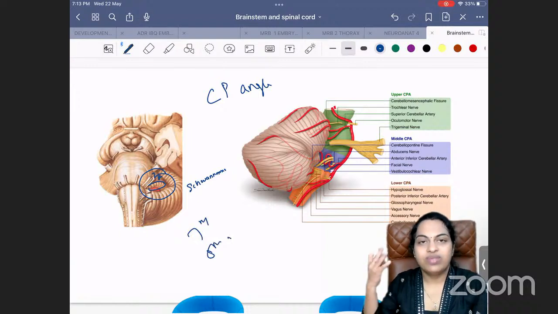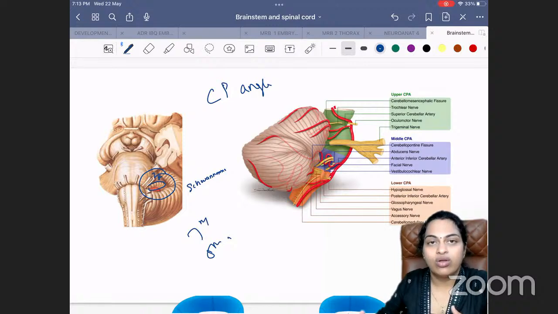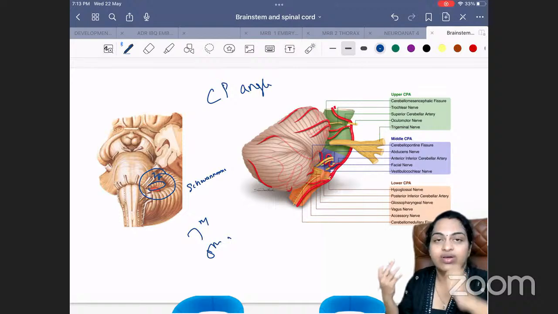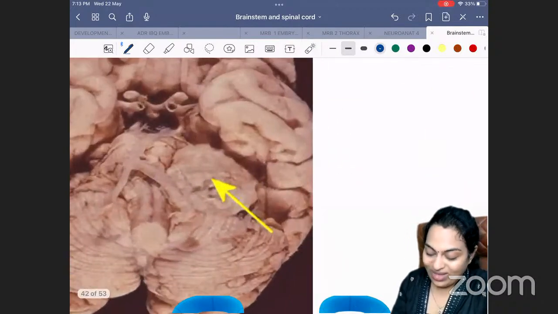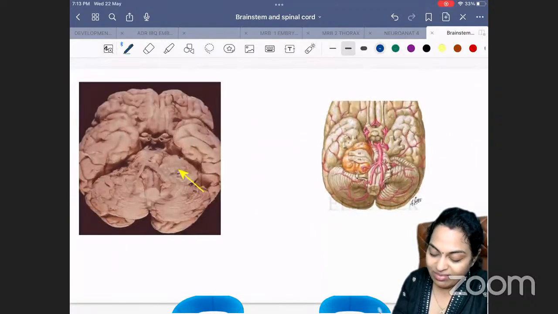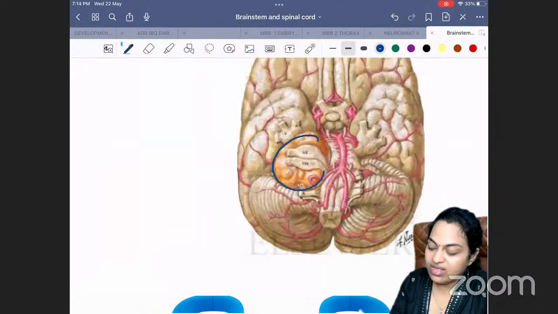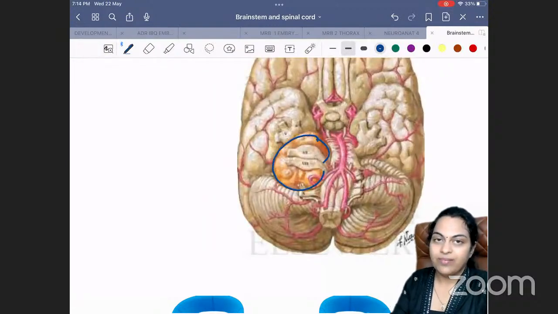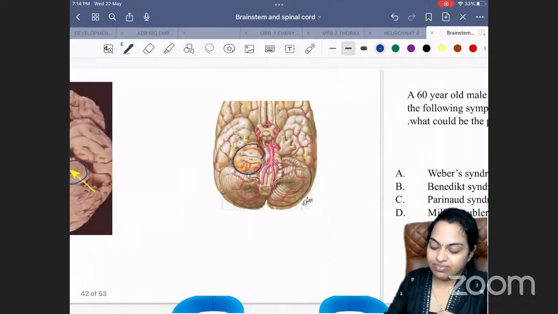So ipsilateral facial palsy, and because of involvement of the vestibulocochlear nerve, the patient is going to present with giddiness, nystagmus, hard of hearing, all that. Okay. So this is the picture to show you. Here it's everything the same color, but here, can you appreciate? A tumor of the CP angle, right? So seventh nerve, eighth nerve mainly involved.